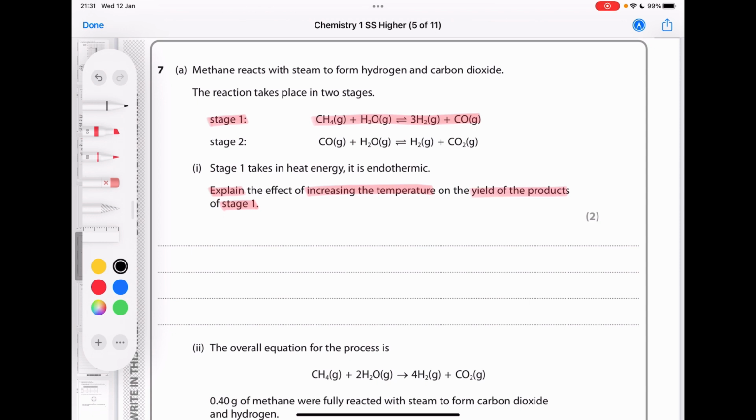You must talk about what they've given you in the questions. So, the effect of increasing temperature on the yield of the products. They have told us that stage 1 is endothermic, and therefore, if I increase the temperature, the system will try and reverse that process by doing the endothermic reaction. So increasing temperature means there will be an increased yield of products.